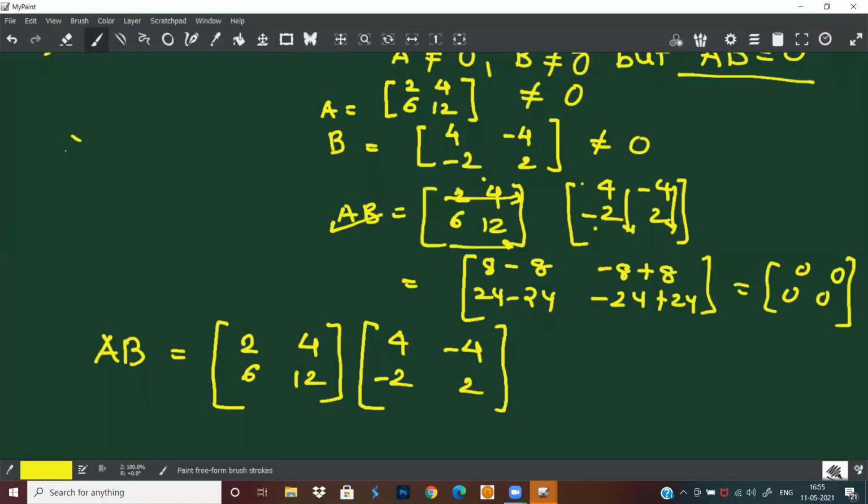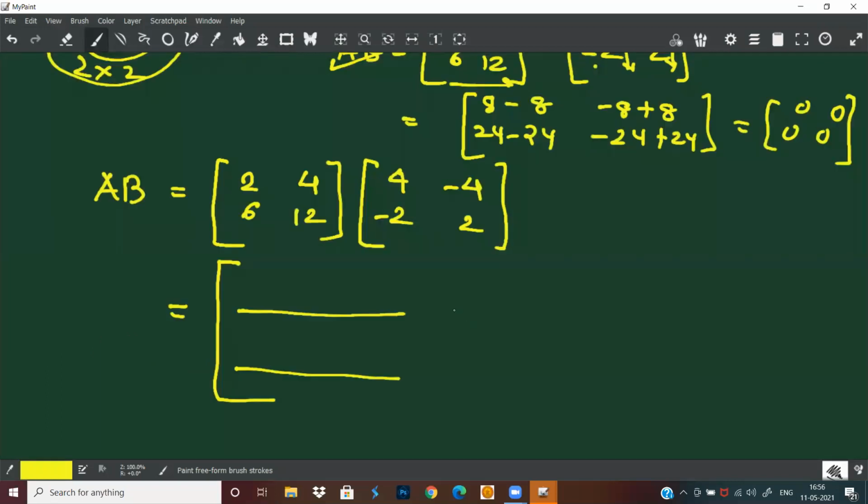Now if both are 2 by 2, see, I'm writing on the side, A is also 2 by 2, B is also 2 by 2. They are equal, so the product is possible, and the order of the product is also 2 by 2. So let me first show how AB will look. AB will have 2 rows and 2 columns, correct? This is how my AB will look. Are you getting it? Now, what is this element, tell me. Is it not first row and first column? Correct? So to get this element, I will use the first row and first column.